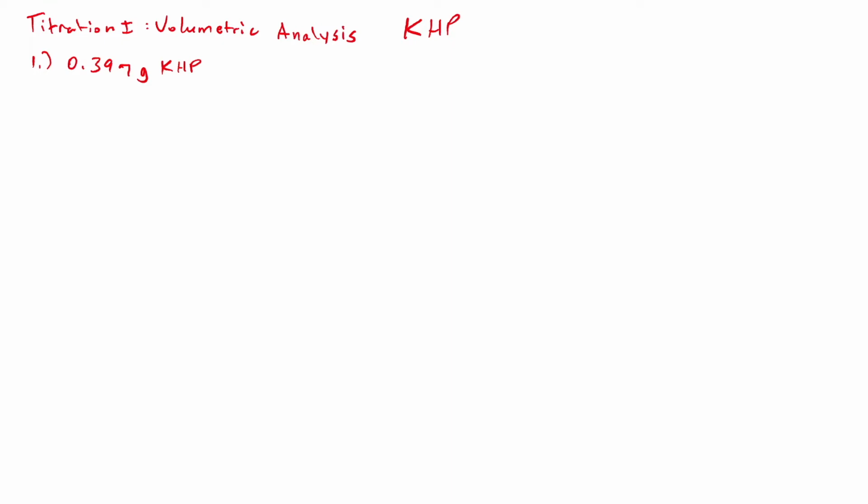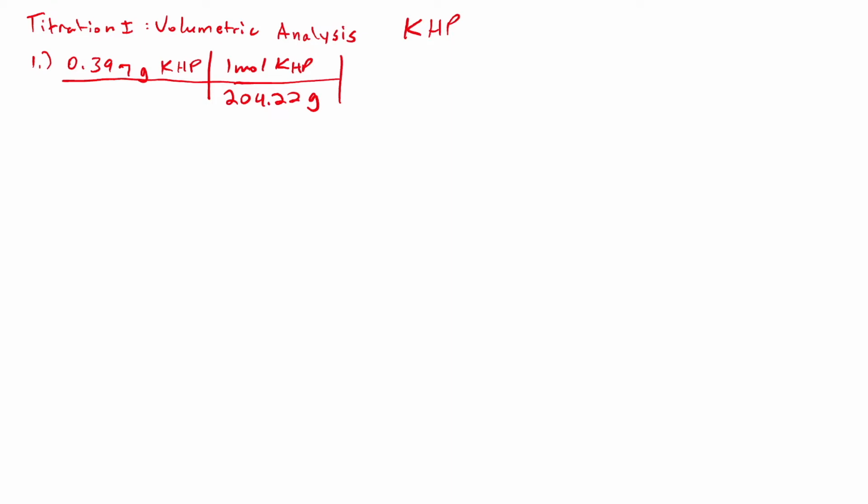There was some of this being done on that discussion question that we did 2 weeks ago. So for every 1 mole of KHP, we get the molecular weight of KHP, which is given here as 204.22 grams per mole. So that's the first thing you gotta do.